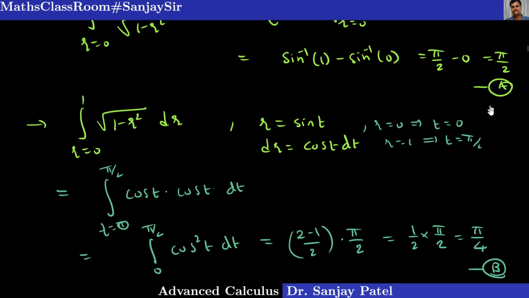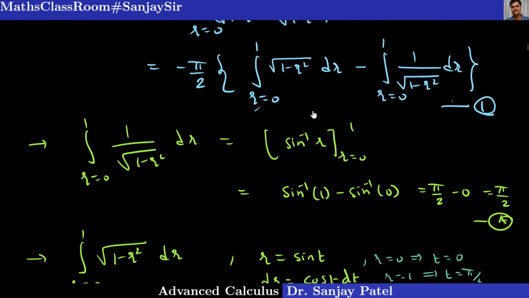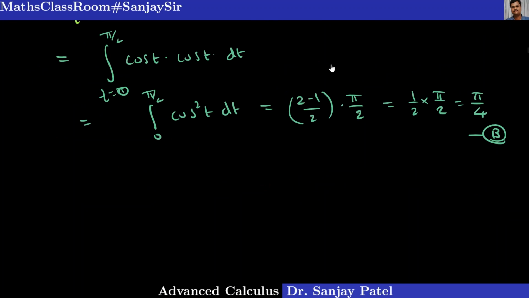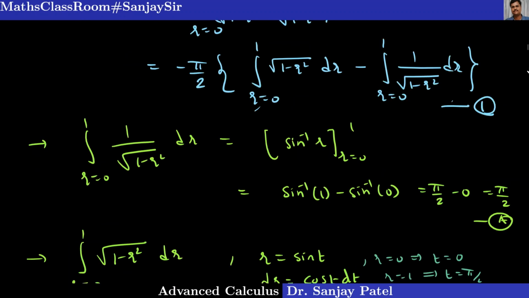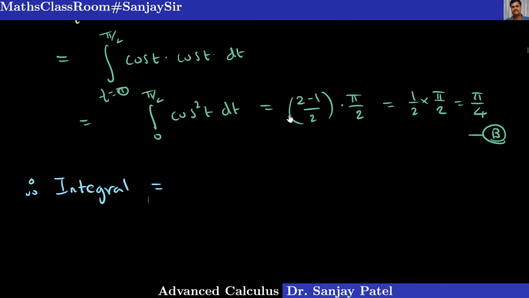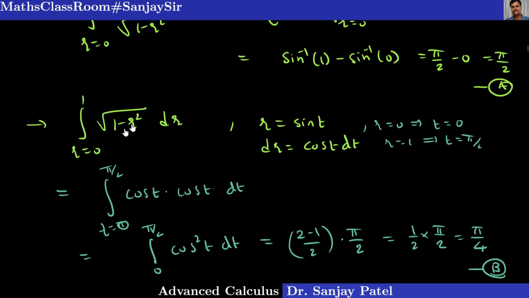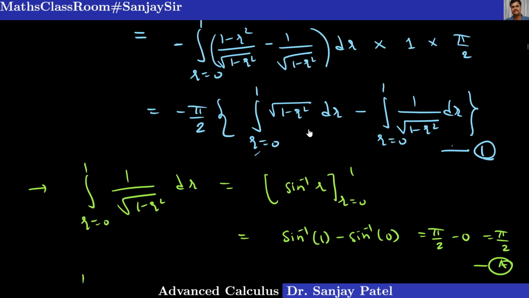Putting these two values of a and b in this result number 1, what we'll get is the required integral. Therefore, the integral, I will not write it again, this is equal to minus pi by 2 and this minus this. Okay, so minus pi by 2 is there, into the first integral is this b, this is b and this is a.